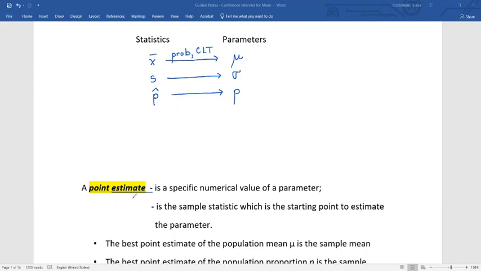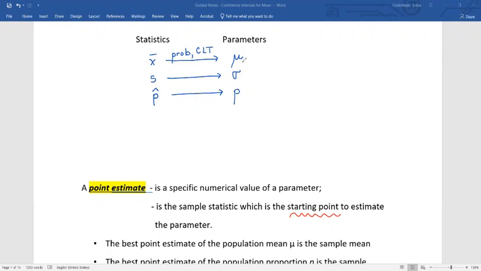A point estimate. A point estimate is a specific numerical value of a parameter. In other words, it is the sample statistic, which is the starting point to estimate the parameter. And in order to understand this, we are trying to see, okay, what will be the starting point if I want to estimate the mean? Well, if I want to estimate the mean, where should I start?